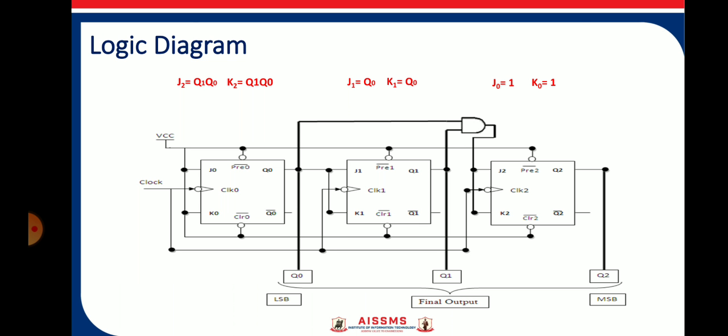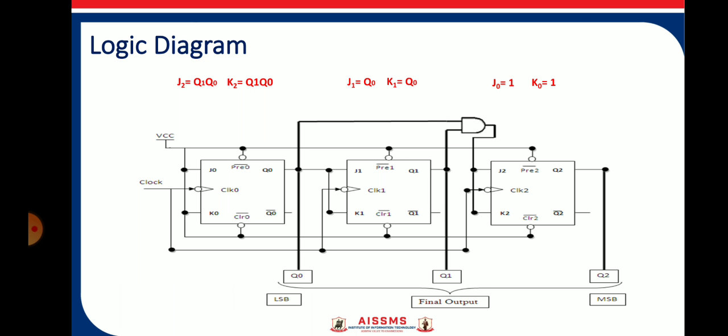By considering these expression values J2 K2, J1 K1 and J0 K0, this is the logic diagram. As I said, for the normal operation of a JK flip-flop, we have to connect the preset and clear pin to logic 1. Here, as logic 1, we connected the preset and clear pin to VCC.